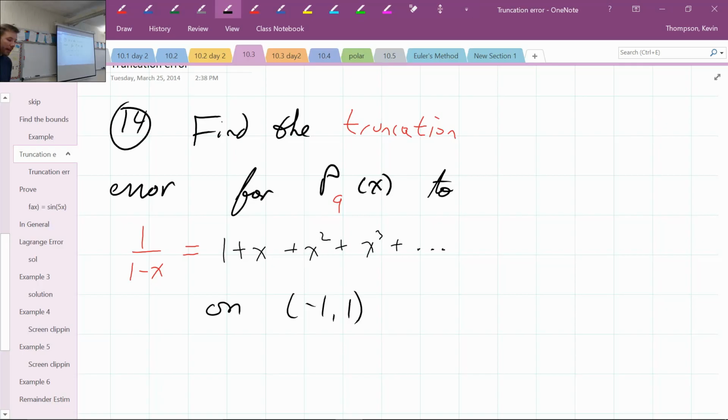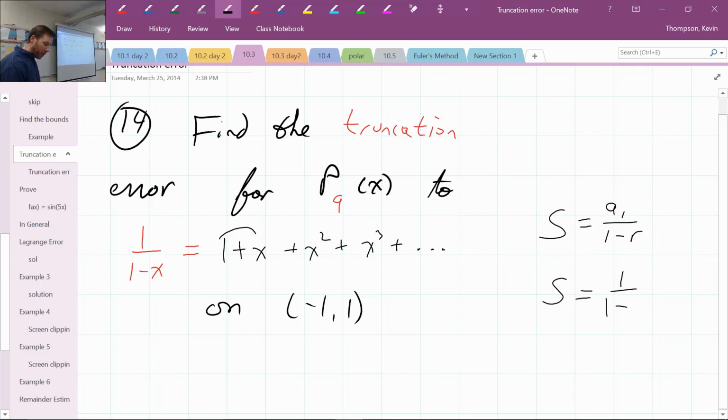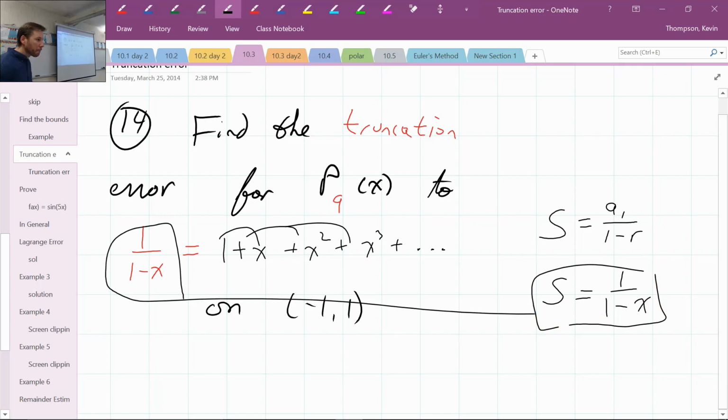So again, the ellipsis means I can say equal to, correct? They're the same thing. This is that infinite sum, right? The sum of the infinite geometric is the first term over 1 minus r. So the first term here is 1, so the sum would be 1 over 1 minus, what's the common ratio here? X. So do you see that pattern, right? You see that?